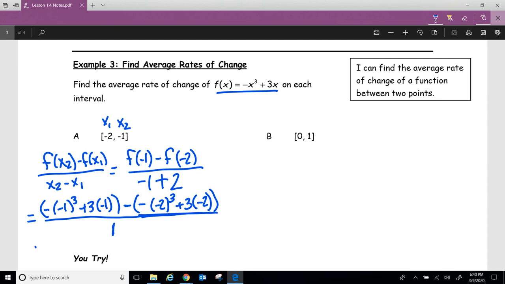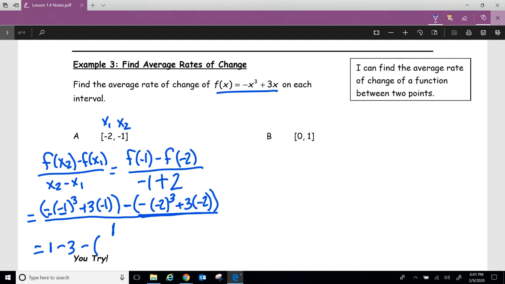All right, so let's see if we can boil this down. Negative 1 times negative 1 times negative 1 is negative 1, times the negative 1 makes it positive 1. 3 times negative 1 is negative 3. Minus, make sure you keep your parentheses in there because we don't want to lose this negative sign out here. So inside the parentheses, I've got negative 2 cubed.